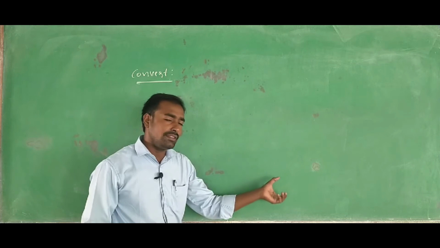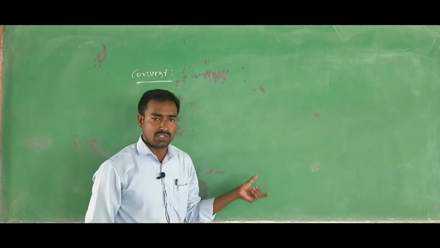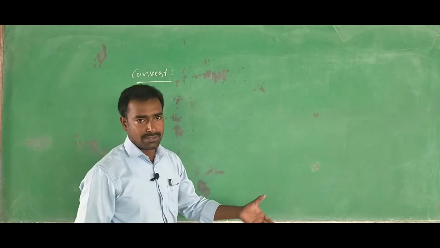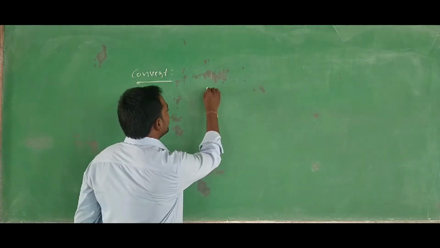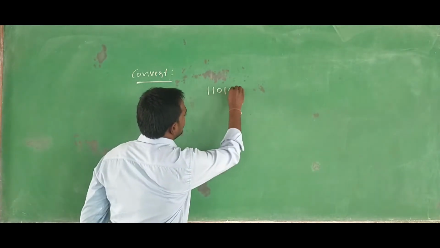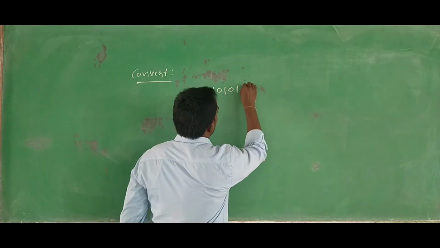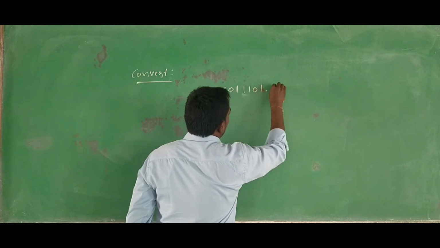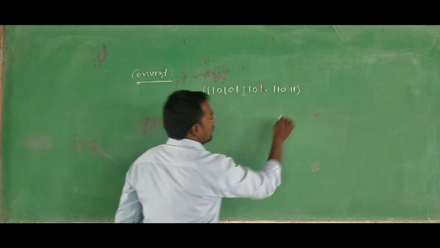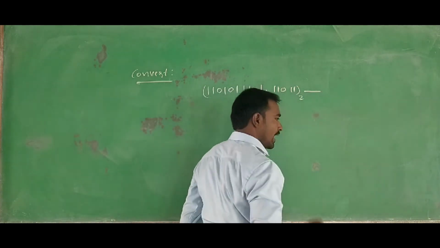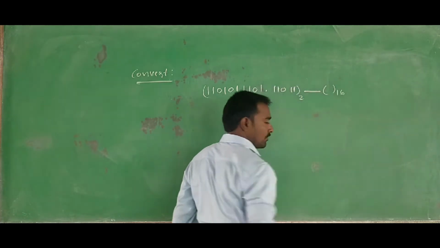That means in this hexadecimal number system we have 16 symbols, starting from 0, 1, 2, 3 up to A, B, C, D, E, F. Here I am taking another binary number, 110.11011. This has the base of 2, and we have to convert this value into hexadecimal, having the base of 16.